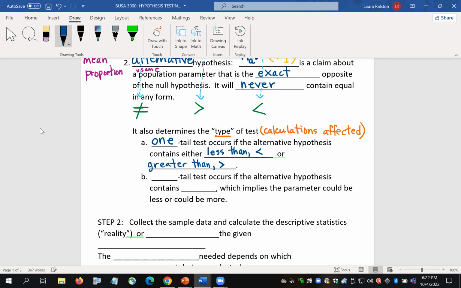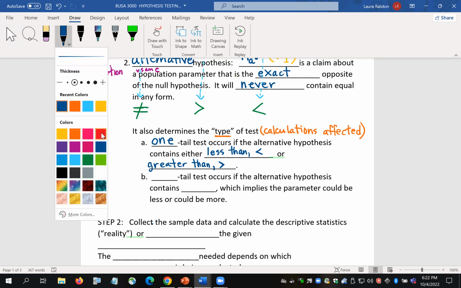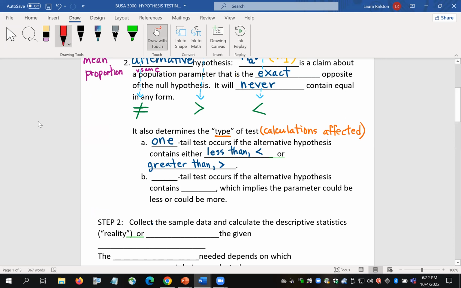Now, again, the idea here is, are we getting a value that is significantly different from the mean? One example would be if we're thinking about the normal distribution and our mean is the middle, and we're saying, my value, I think my value is less.